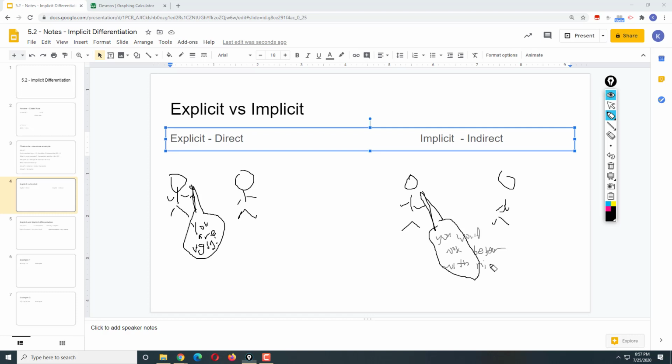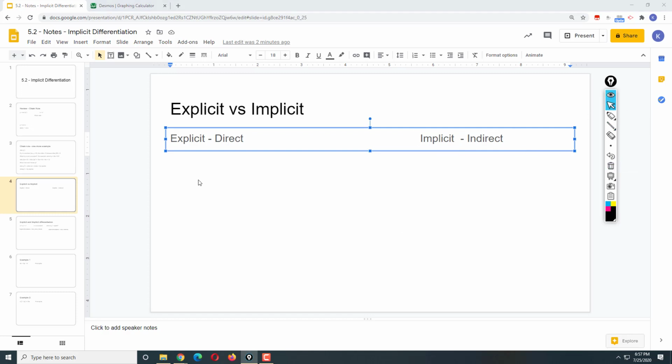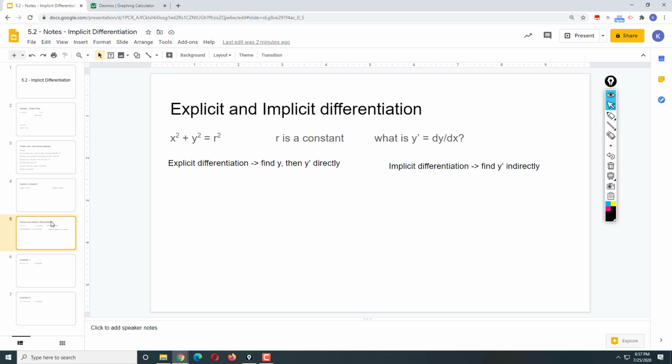Well, the first person is still calling the second person ugly, but the first person never says you are ugly. So it's indirect. That's an implicit statement. So explicit is direct, implicit is not direct. Now let's figure out what that means in calculus with differentiation.